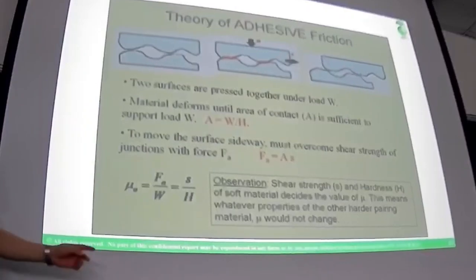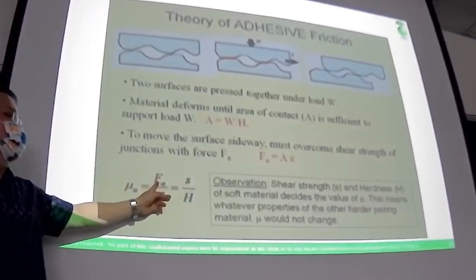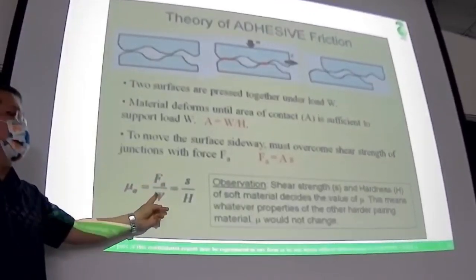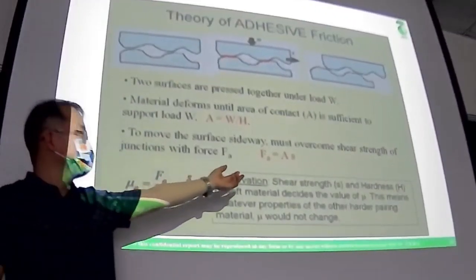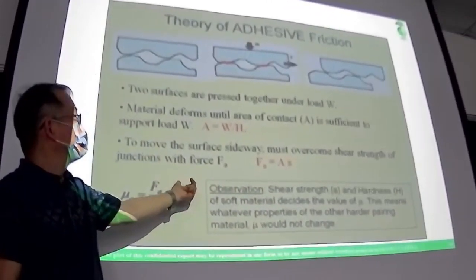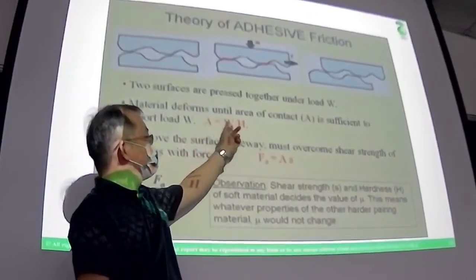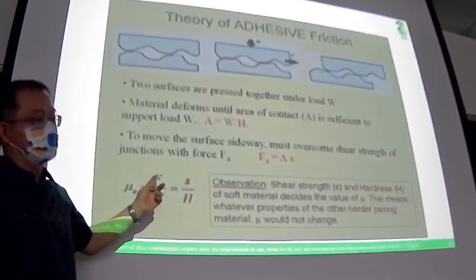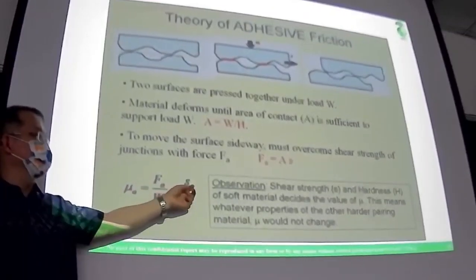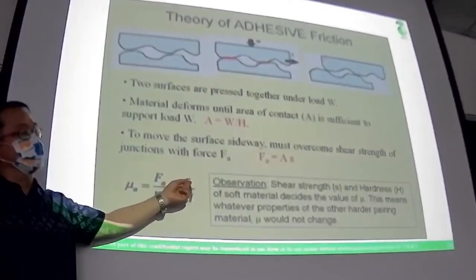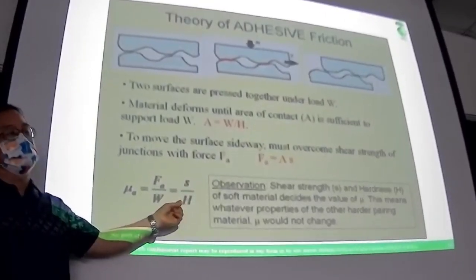So in that case, we know the coefficient of friction is equal to the friction force divided by the normal force, W. Okay, so you substitute this one into here, and you replace the W with A multiplied by H. So you will have a result: the coefficient of friction in adhesion is equal to the shear strength of the softer material divided by the hardness of the softer material.